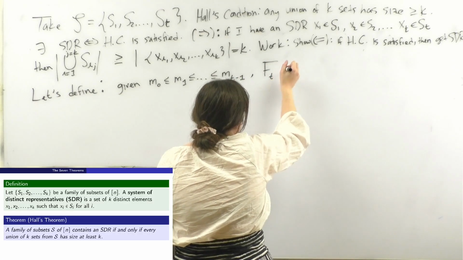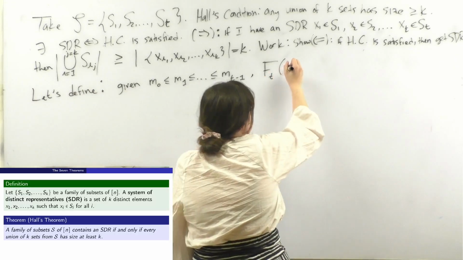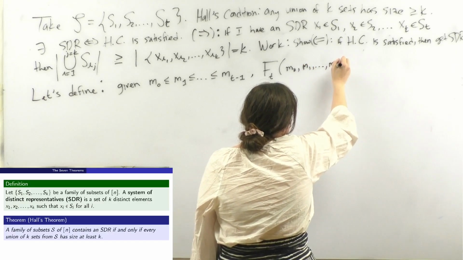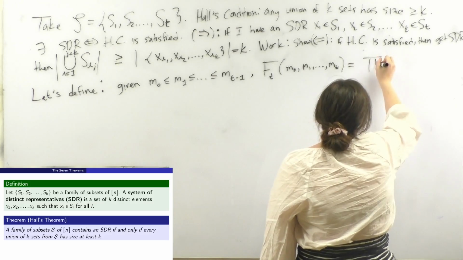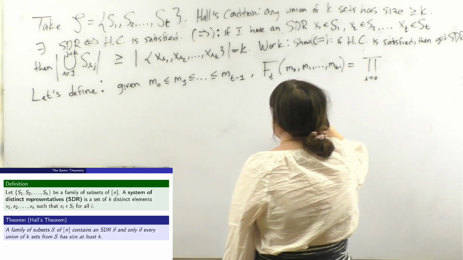Capital F sub t, to tell me how many, of this non-decreasing list of numbers, is going to be a product from i equals 0, sorry, to t minus 1.